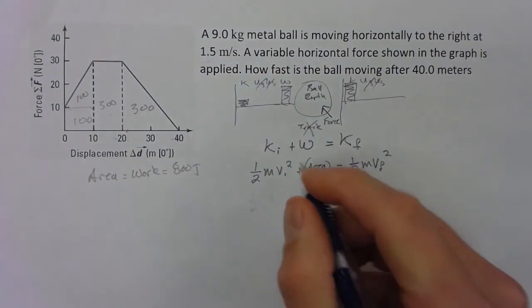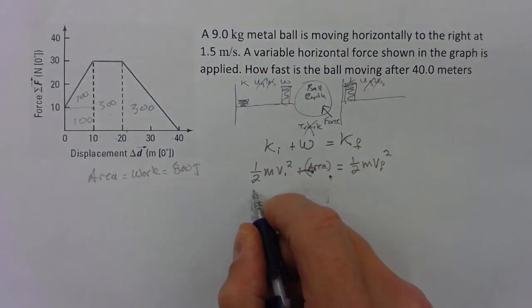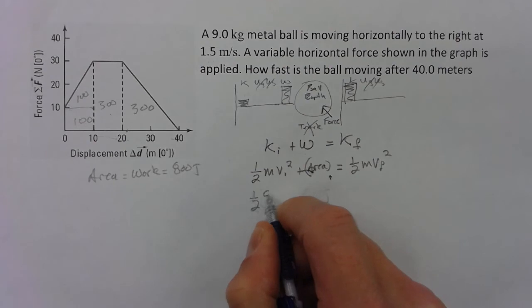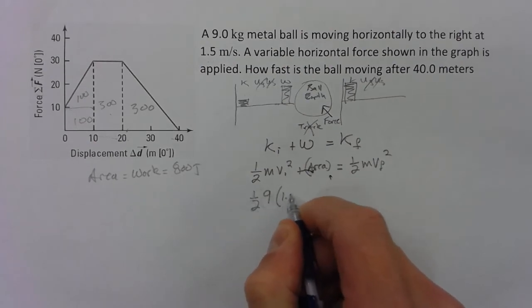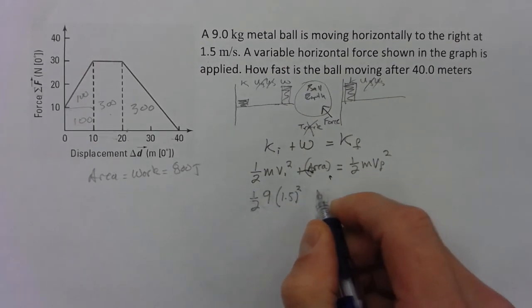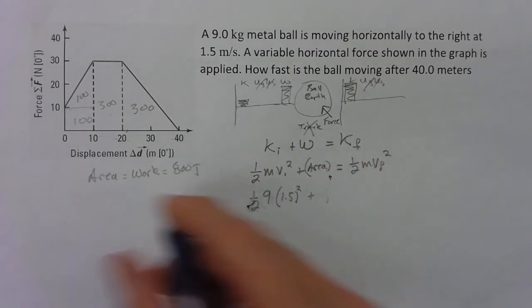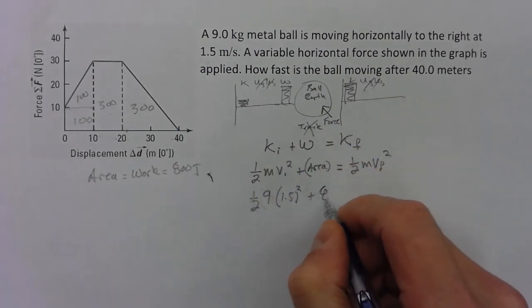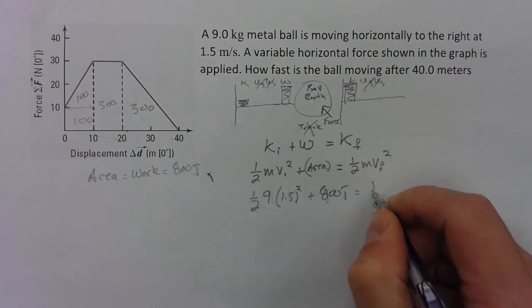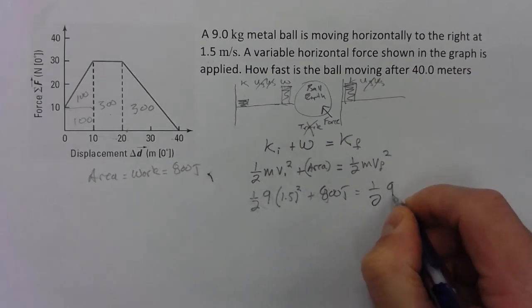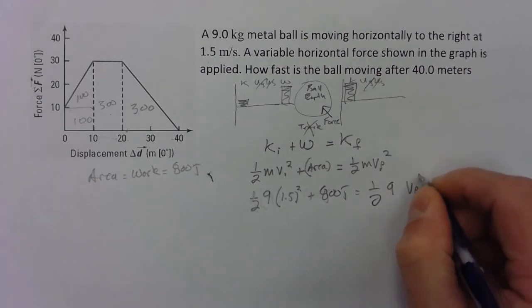Cut that out. So plug these numbers in. 1/2, the mass is 9, the velocity initial is 1.5 squared, then we're going to square that, plus the area, which was that work, that's 800 joules. That's going to equal 1/2, same mass of 9, velocity final squared.